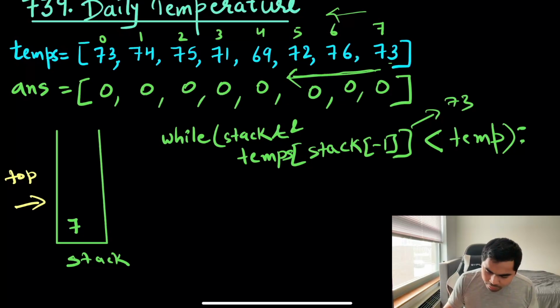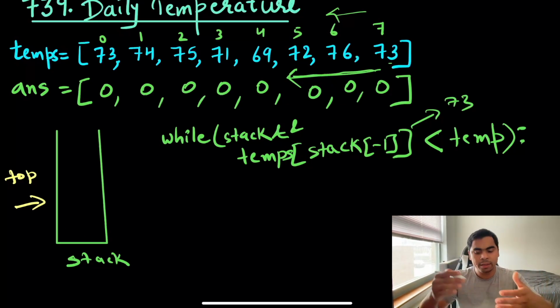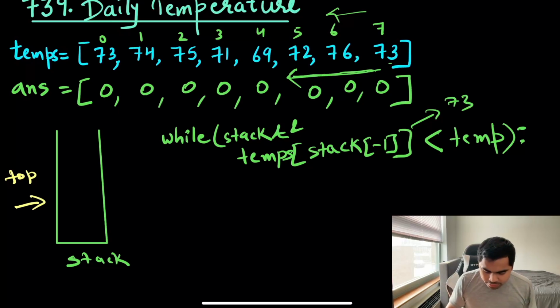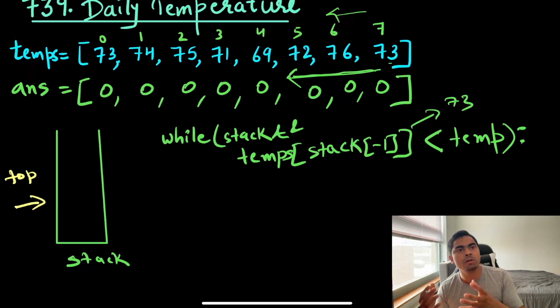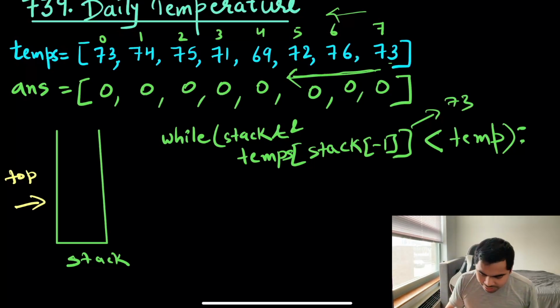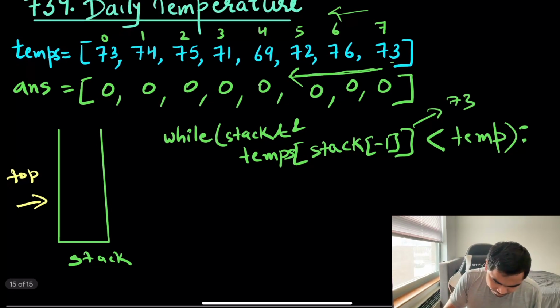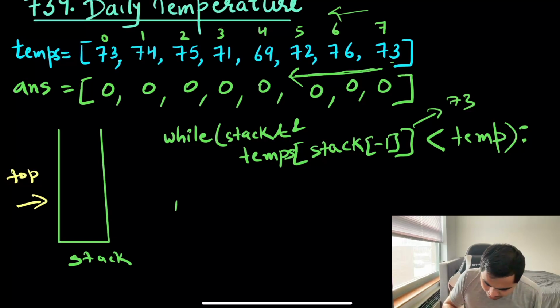So I'll be popping this, so that I can keep going down my stack to see all the temperatures that I've stored, and whether there is a temperature that is actually greater than my current temperature. In this case, the stack is empty, so I'll just do stack.pop.